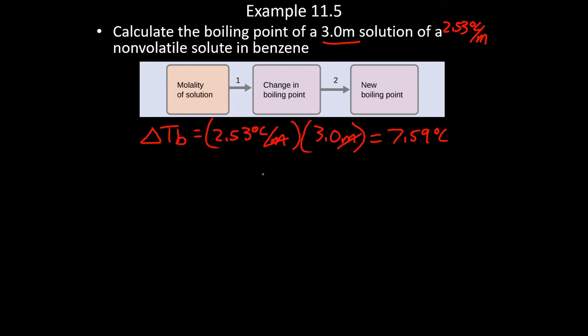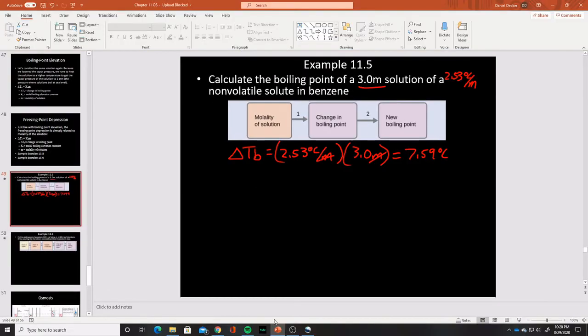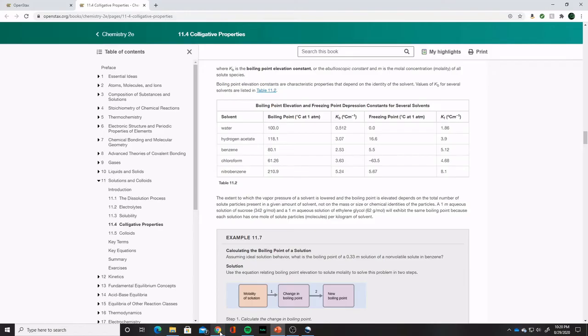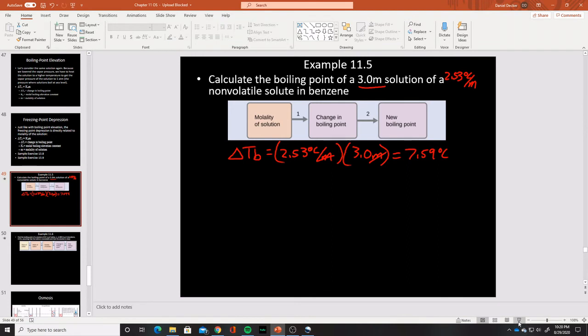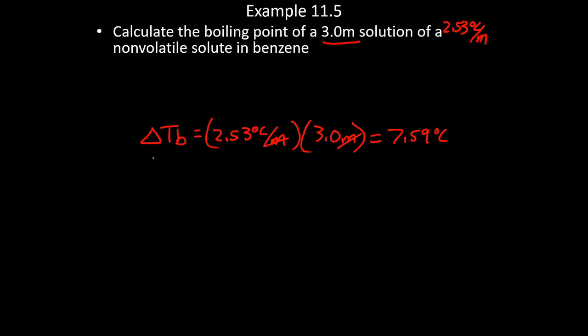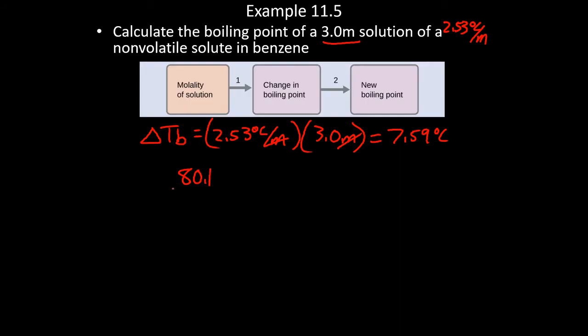And the boiling point of benzene, I again do not remember off the top of my head. So if we go back and check that again real quickly, that is 80.1. So 80.1 is the original boiling point. The change is 7.59.